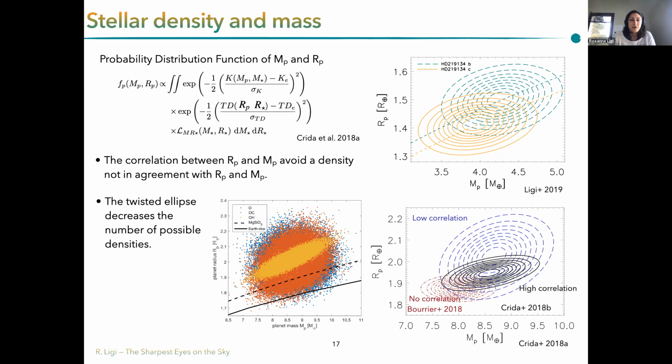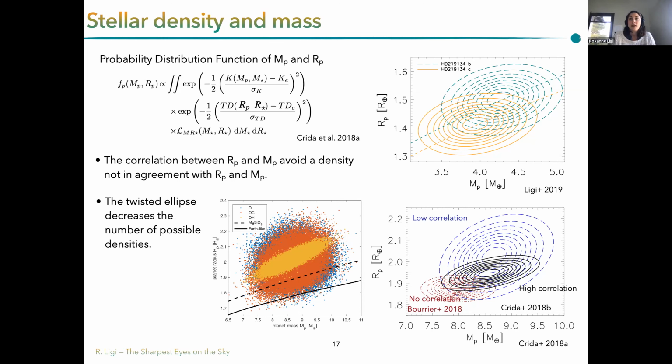Having this correlation between the radius and the mass avoids having a density which would not be in agreement with the radius and the mass. For example, on the top diagram, you have the distribution of the density for two exoplanets which are transiting their host star. You see that the correlation is not very high. That is due to the transit depth and the K parameter of the radial velocity measurements, which are not very precise.